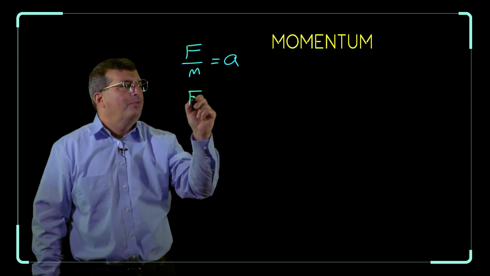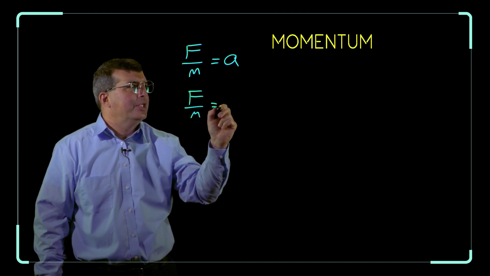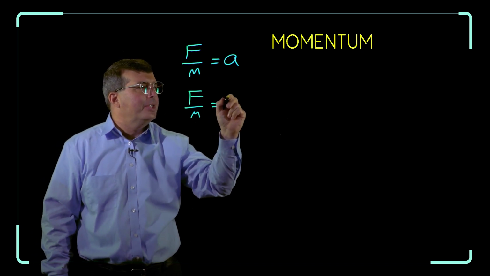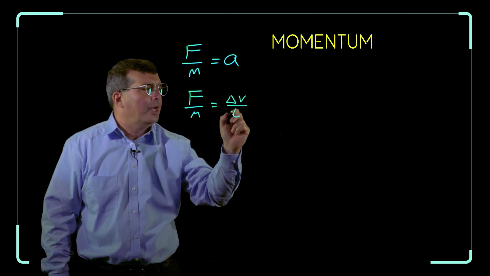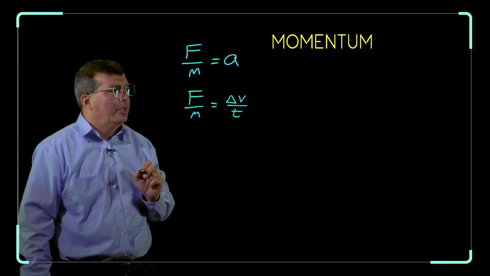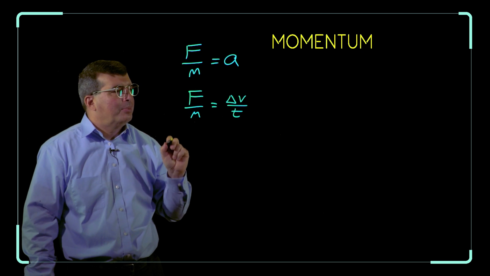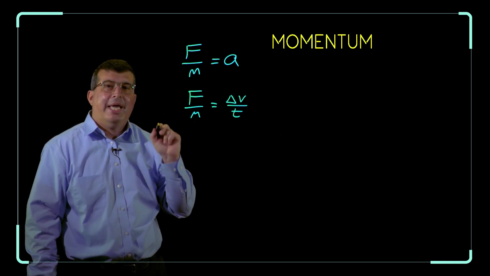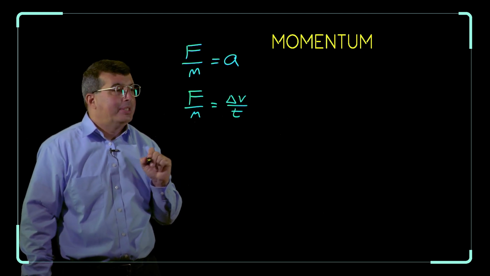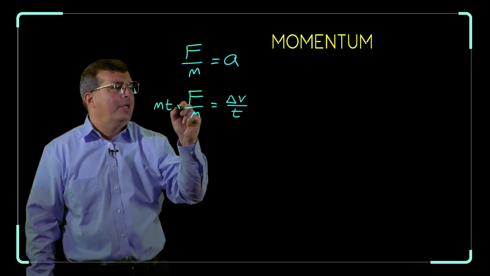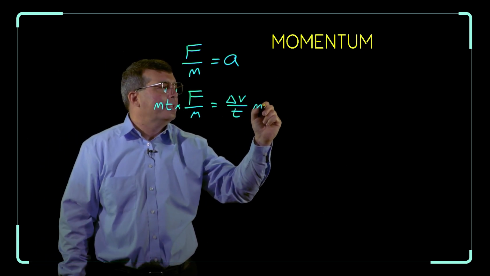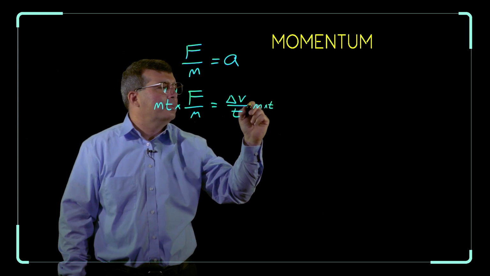So force over mass is equal to change in speed over time. Now I'm going to multiply both sides by mass, and both sides by time.